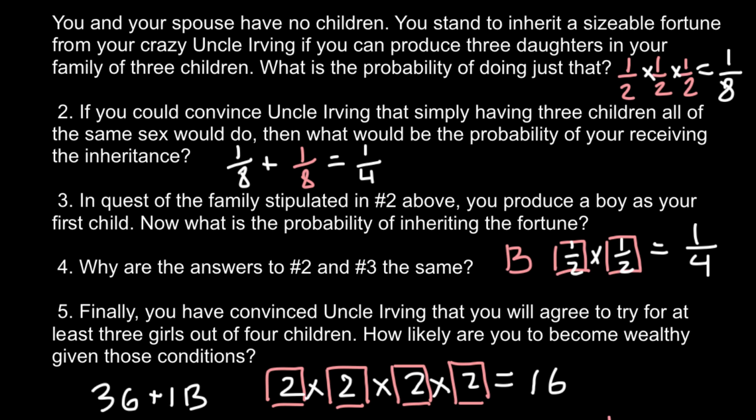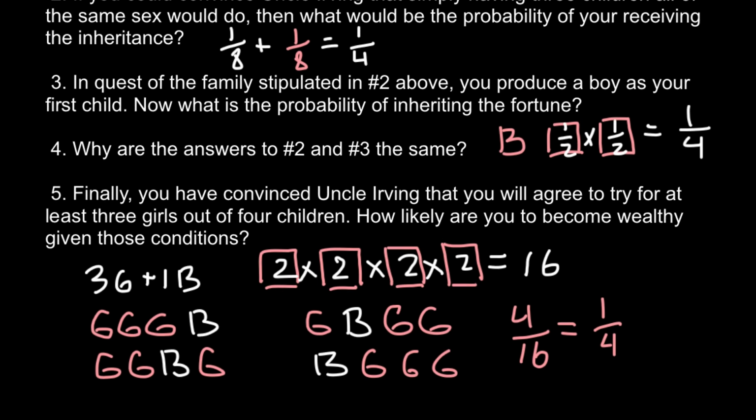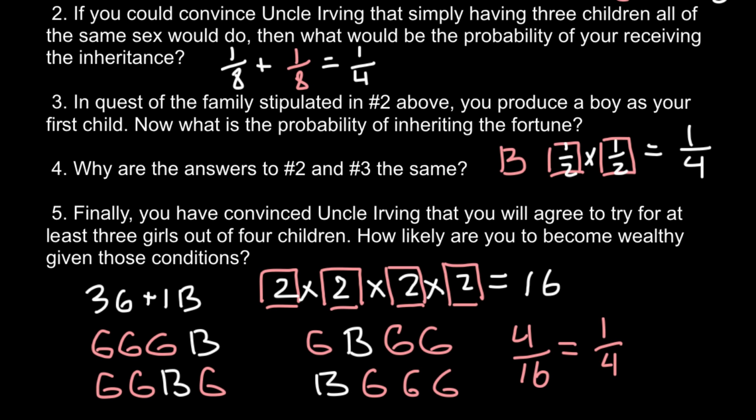And I hope now you would be able to find the total number of combinations, and also be able to find all the combinations that meet the requirements of our problem. So this is going to be the number above our fraction, and below we would have the total number of combinations.